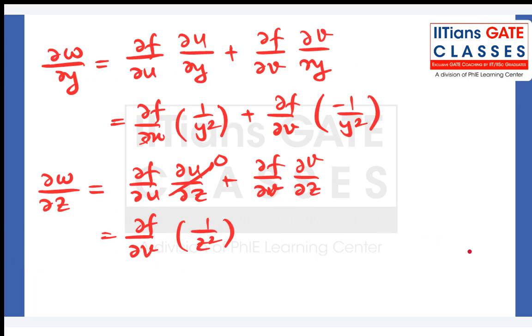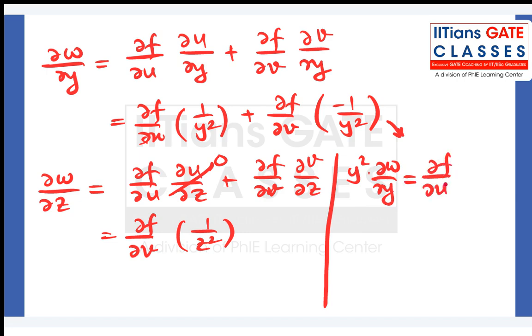From here you are supposed to multiply the del w by del y term by y square. So y square into del w by del y will give you del f by del u minus del f by del v. Let's call this equation 2.